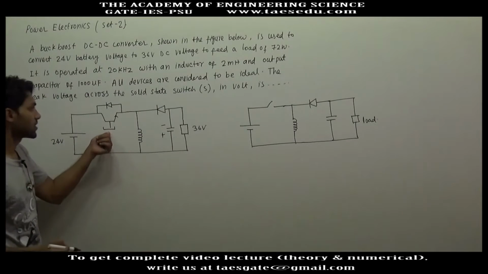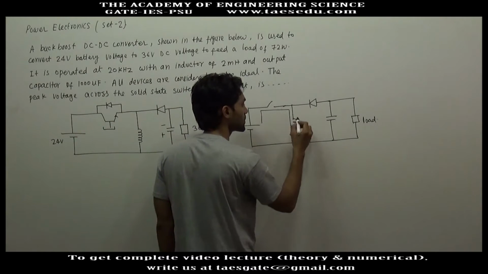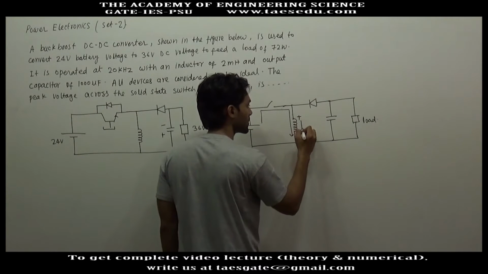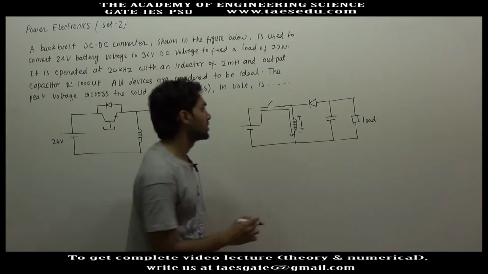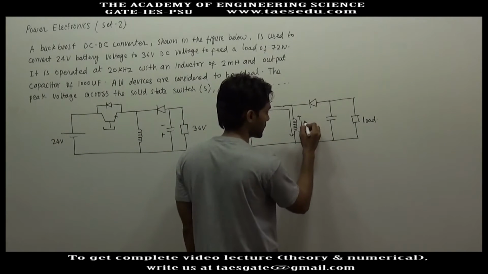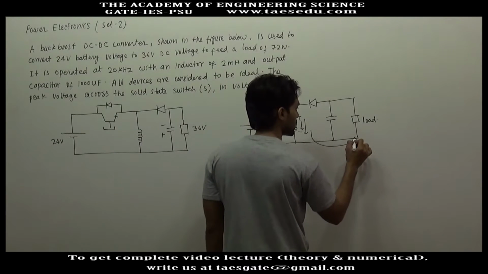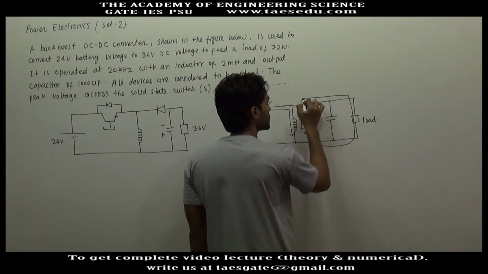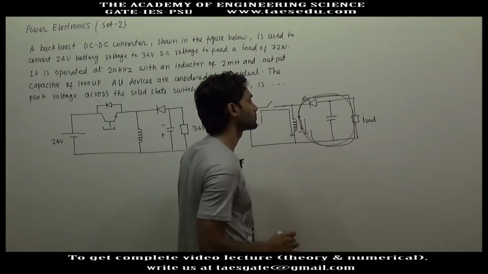When the switch is turned on, current will rise through the inductor in the downward direction. And when the switch is turned off, the built-up current through the inductor will find a path through the load and this diode. It will circulate in this direction.